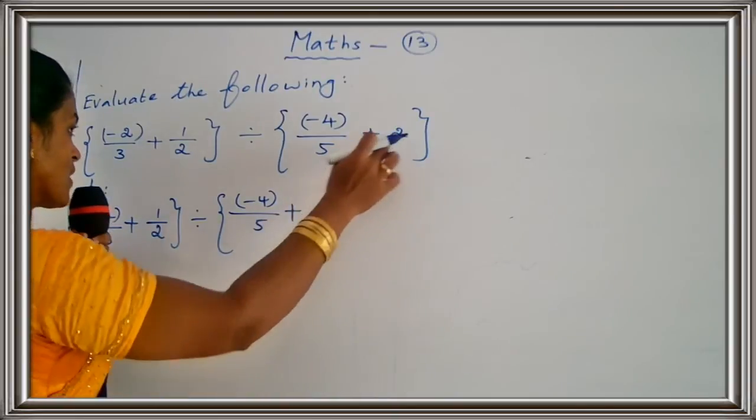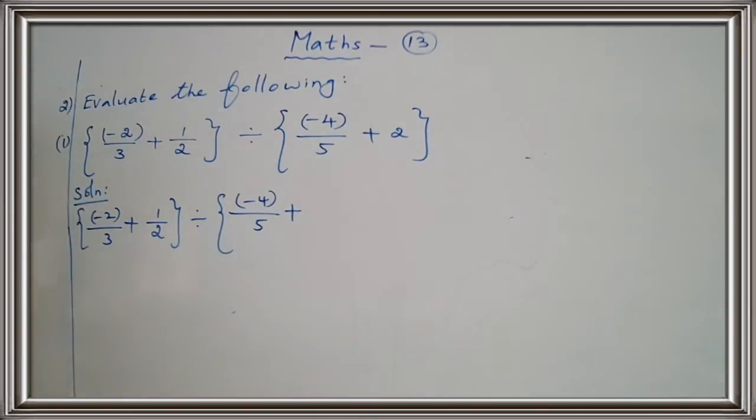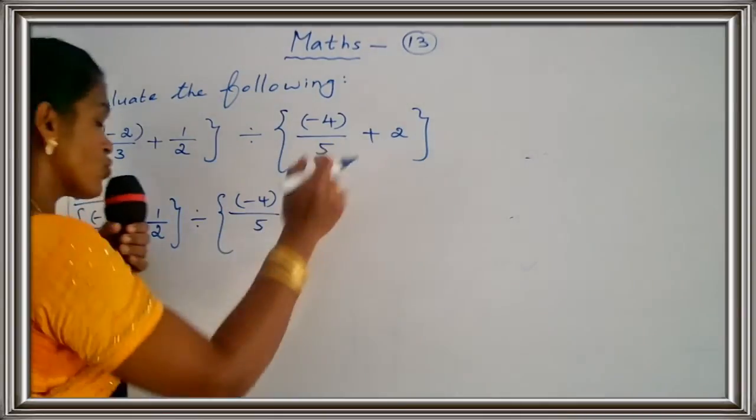So, what is the rational form? Rational numbers are numbers which can be expressed as P upon Q, where P and Q are integers and Q not equal to 0. So, that's why 2 can be written as 2 upon 1. Okay, children, clear?